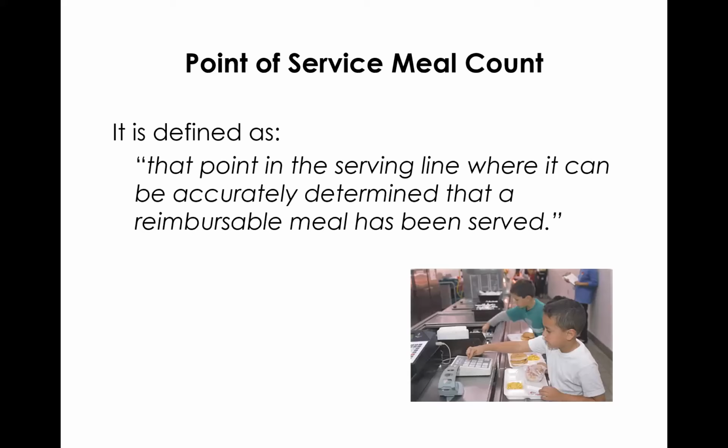And so that has to be after all food components are offered to that student, so it would be after the end of fruit and vegetable bars where the student is self selecting those items. It needs to be at the end of the serving line after all food components have been offered.